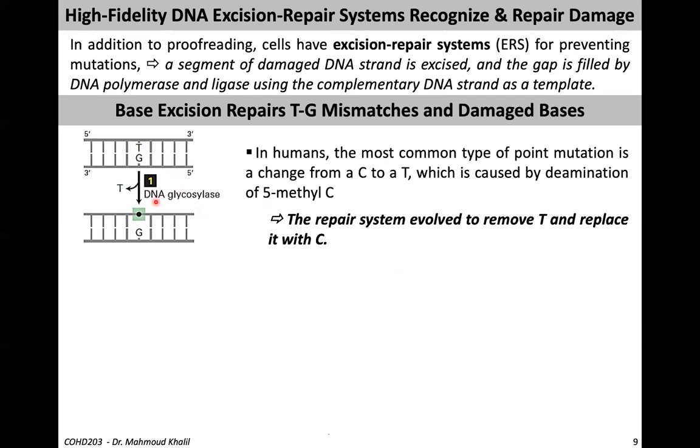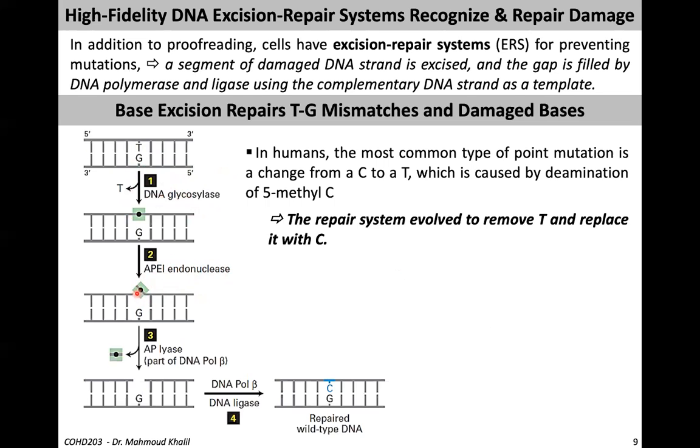A specialized enzyme, DNA glycosylase, removes the T, and then another enzyme, called AP endonuclease, cleaves the single strand. This is followed by AP lyase, which is part of DNA polymerase beta, leading to removal of the affected segment of DNA.